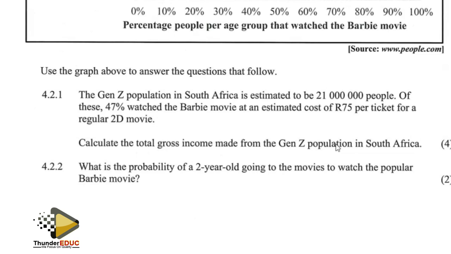So you need to first look for those people. All you're going to do is 0.47. 0.47 comes from 47%. When you divide this, you end up having this. I don't want a fraction, so that's why I'm using this, times the number of people. You see that? Again, times the money they generated.